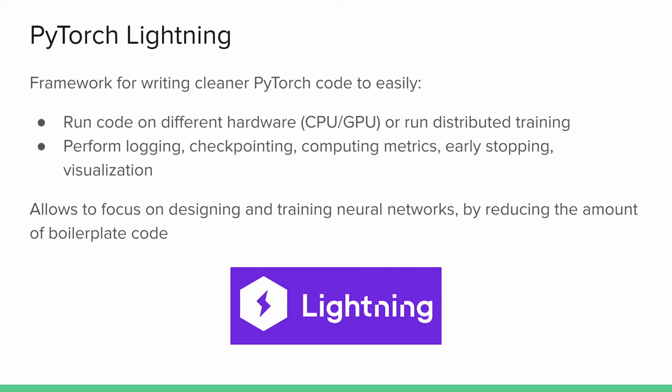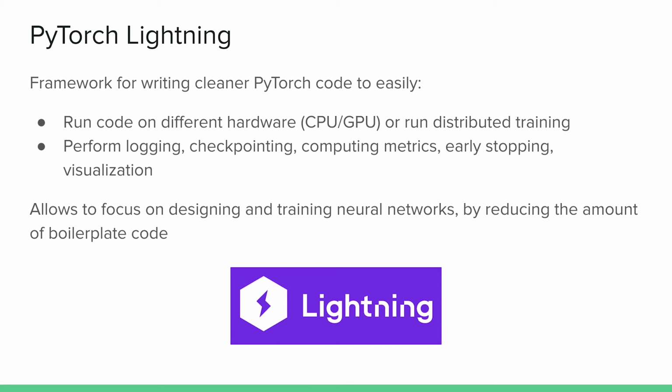It's a framework for writing cleaner PyTorch code, and it allows you to easily run code on different hardware and switch more easily, because if you're using plain PyTorch, you have to take care of moving data to the graphics card and back yourself. That's nice in a way, because you have to be aware of what's going on, and it makes everything very explicit. But when you're training and doing research, you often don't want to take care of this boilerplate code and just want to directly train your model. So it helps you focus on that.